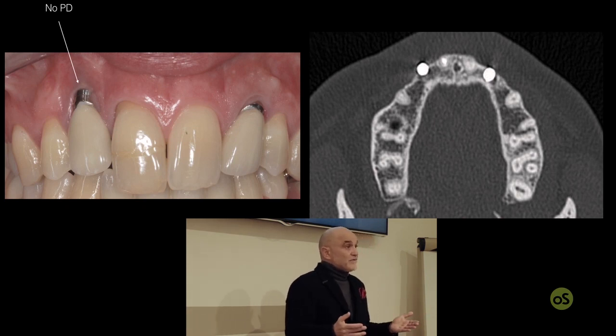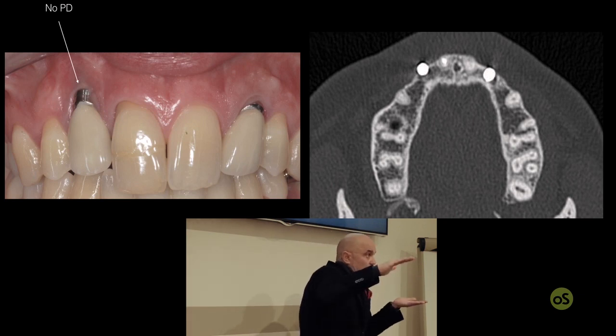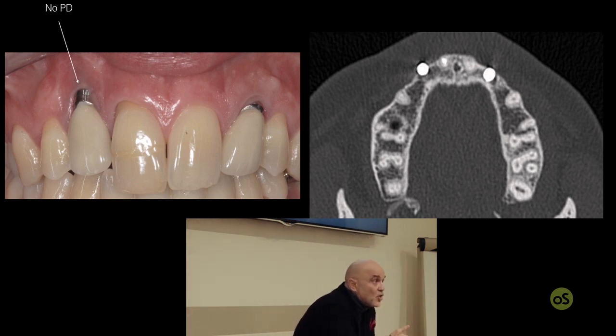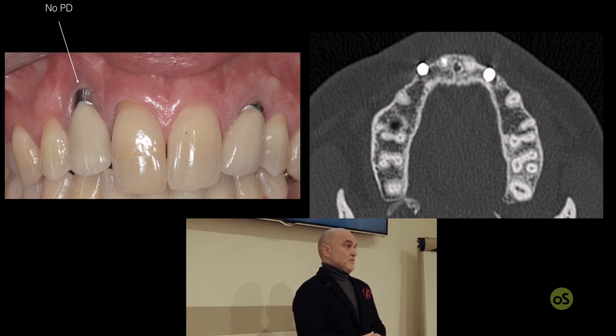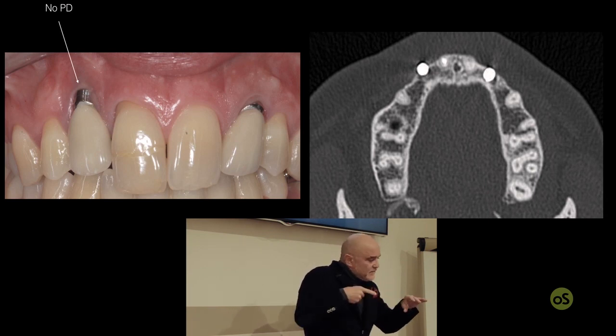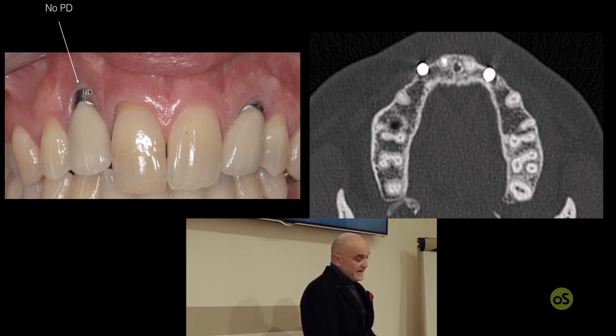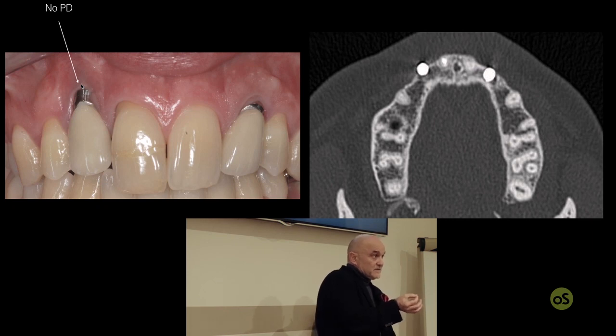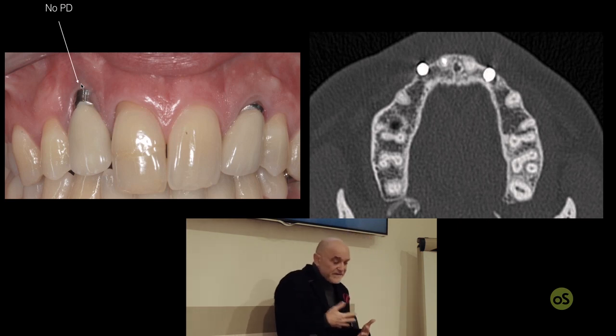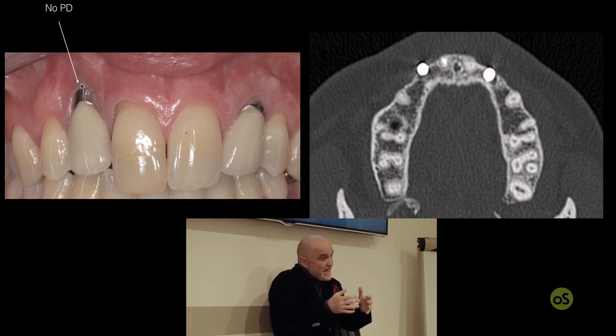And this is obvious because, different from the root that is smooth, the implant surface is very convex, macro and micro, and so the connective tissue integration is so tight that you never penetrate. If you try to penetrate with a probe here, most of the time you tear the tissue, but you are not able to penetrate because it's a very, very complex integration. Even if it's not fibers inserting perpendicular to the implant surface, they are so tightly parallel and circular around the implant, they don't allow any penetration.